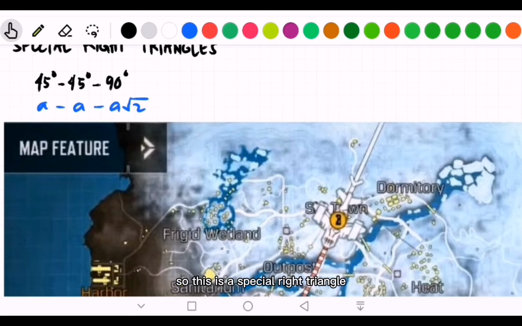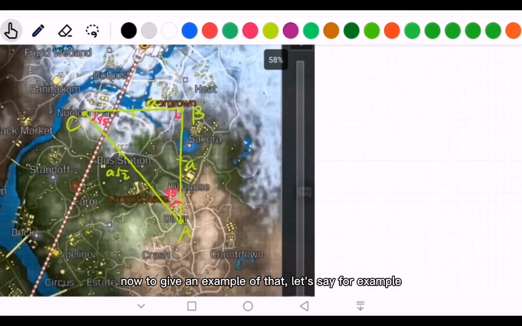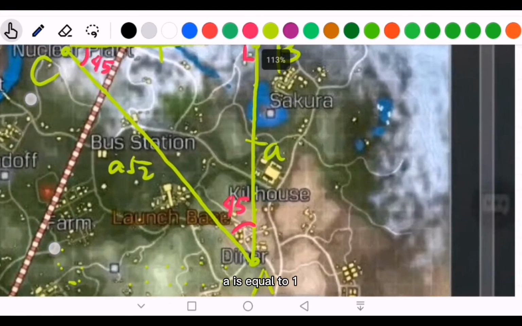This is a special right triangle wherein the proportion of its side lengths follows this pattern: on the opposite of each 45-degree angle, those are A, since we have two 45-degree angles, and on the opposite of 90 degrees, that is A square root of 2. To give an example, let's say A is equal to 1.